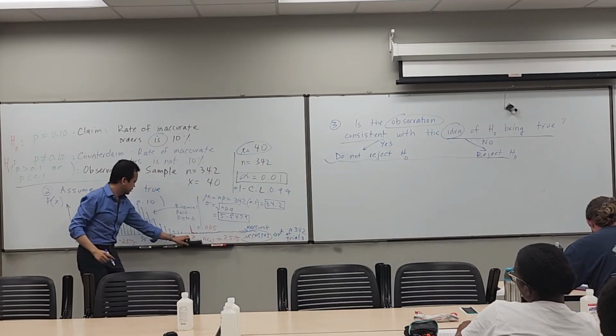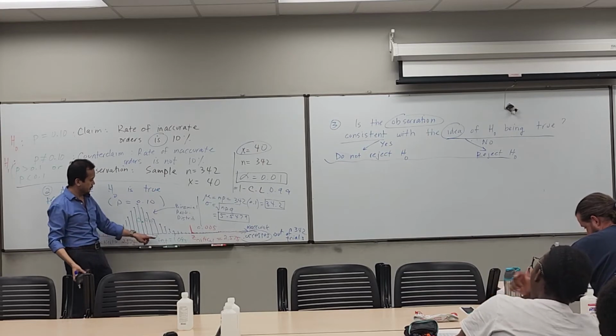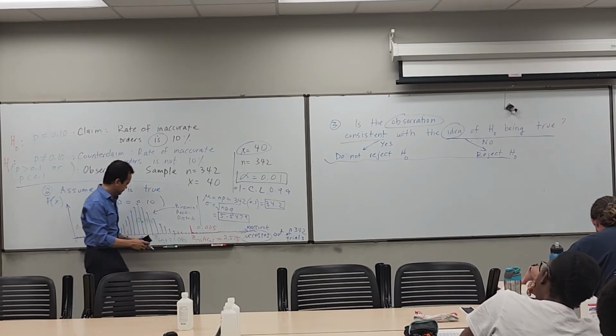To decide whether the observation was in the body or the tail, we compared z-test to z-critical.